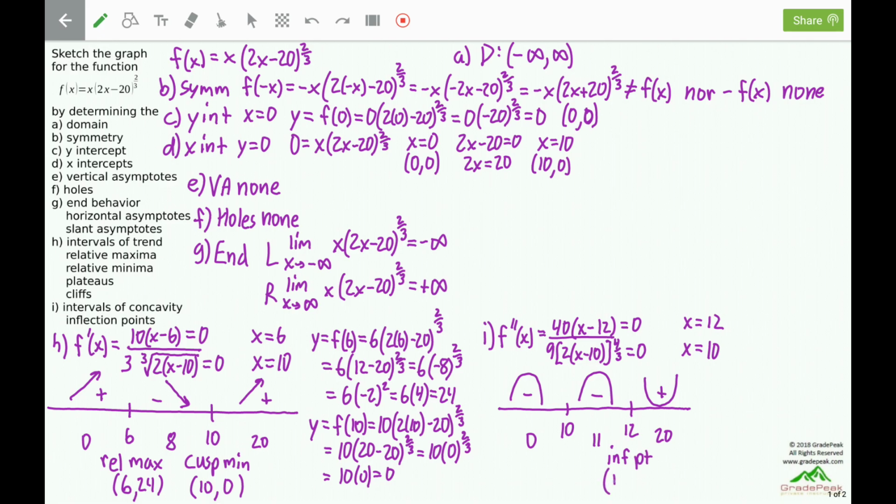It has an x-coordinate of 12 and a corresponding y-coordinate that can be found by plugging the x-coordinate back into the original function. So y equals f of 12, which is 12 times 2 times 12 minus 20, and that entire thing to the 2/3 power.